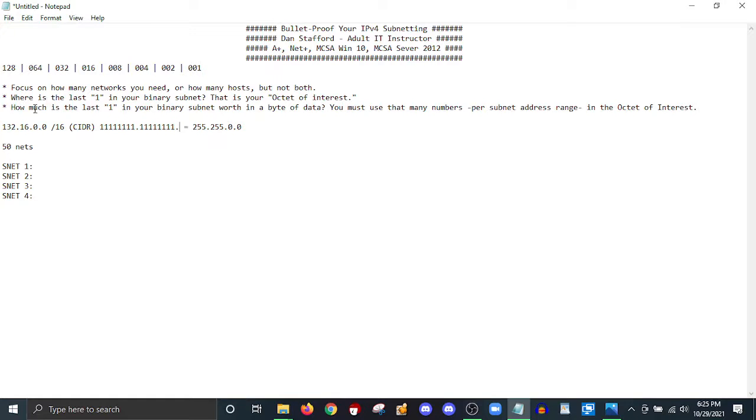I have one network with 16 ones in there. As soon as I add a 1 to the subnet mask, I double it. That gives me 2 networks, 4 networks, 8 networks, 16 networks, 32 networks, 64 networks.